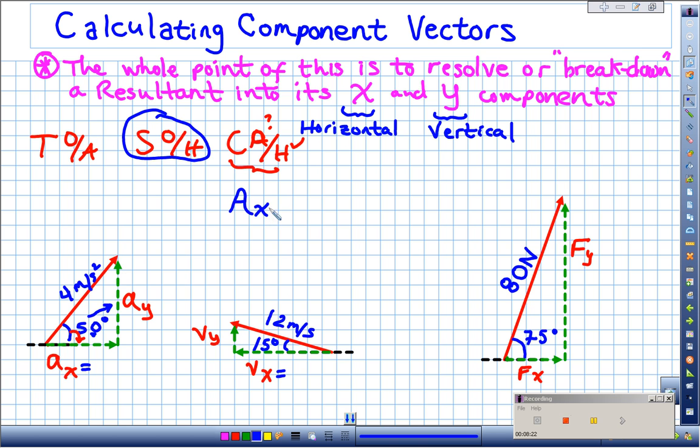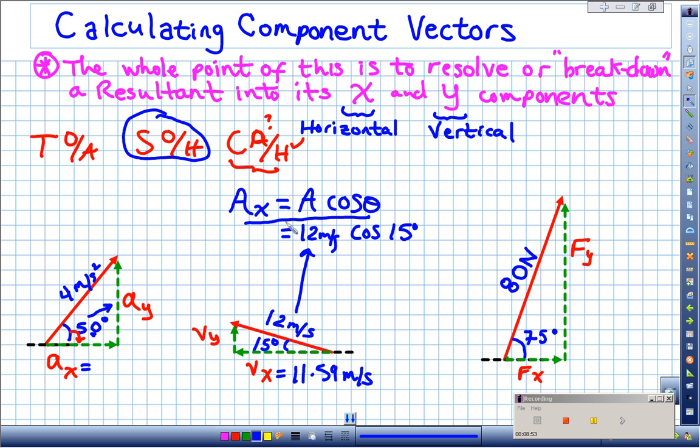Any x component of any vector is equal to that vector's resultant times the cosine of the angle between the resultant and the horizontal, which in this case I can just plug in 12 meters per second, because that is my resultant, times the cosine of 15 degrees. And the cosine of 15 times 12 gives me about 11.59 meters per second. This is the same idea as what we had done for this example, except it's already arranged so that you have the resultant times the cosine of the angle.